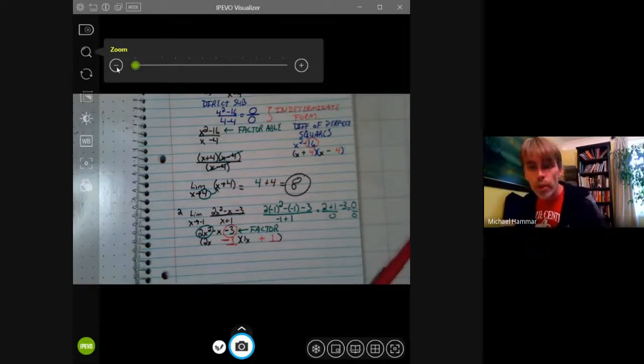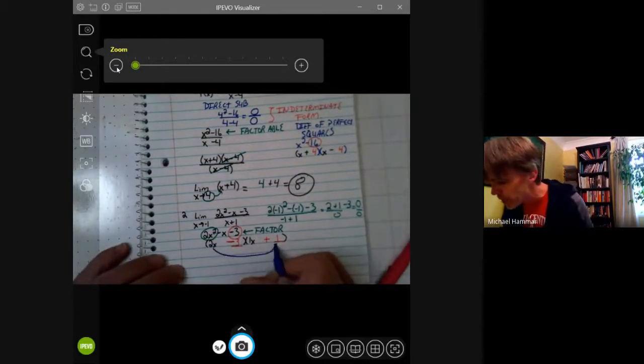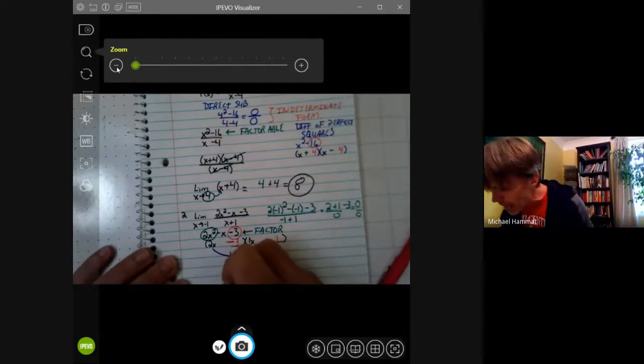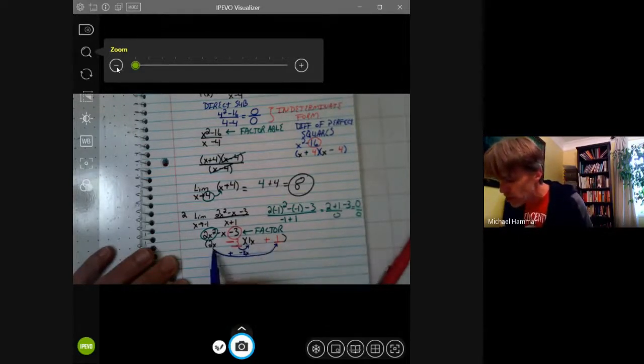Now, what you have to check is what happens when you multiply the outer terms and the inner terms, and then add them together. So -3 times 1x is -3x. 2 times 1 is 2x.